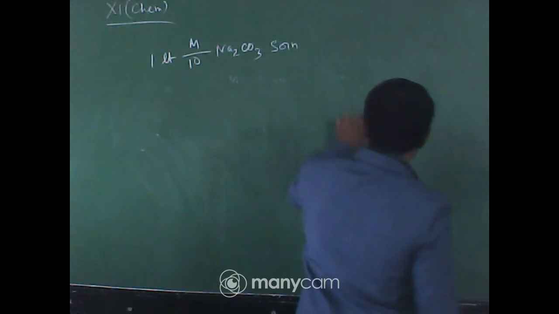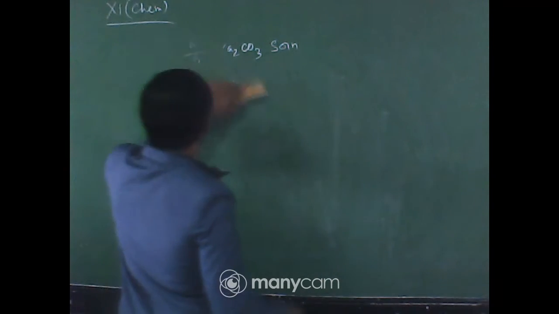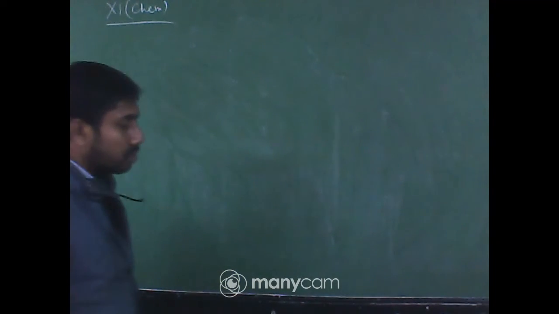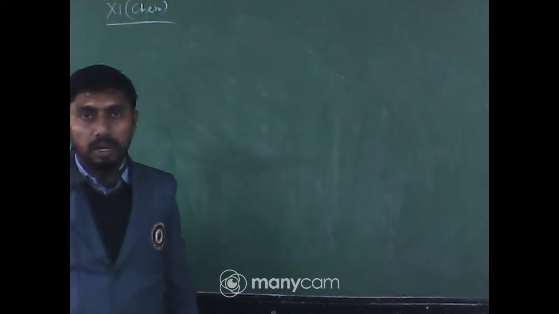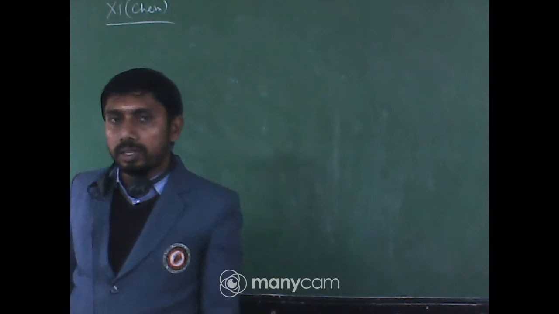Now the normality and molarity differ by one factor. It depends on the acidity or basicity for a base, or for a salt it is the number of cations or anions present and their number.